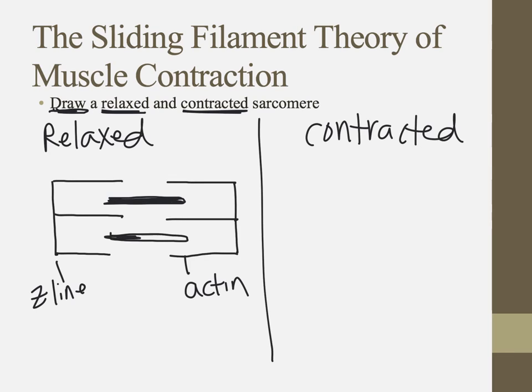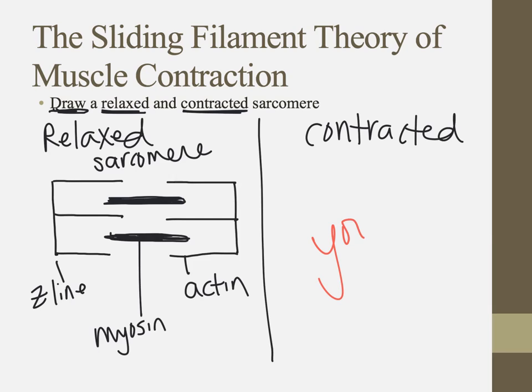It has to be shown as in the middle and thicker than that actin. Okay, so if this is what a relaxed sarcomere looks like, and of course I'd want to label that sarcomere, then you should be able to draw a contracted sarcomere on your own.